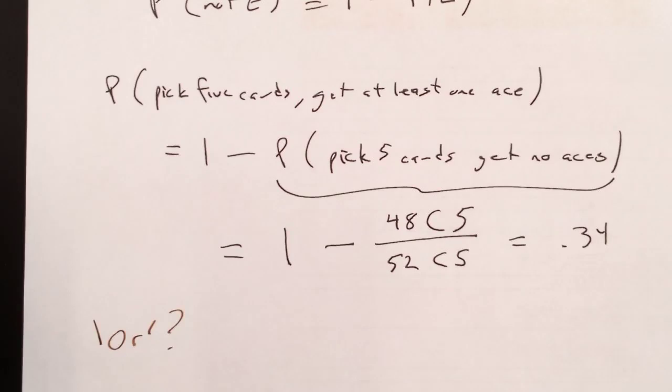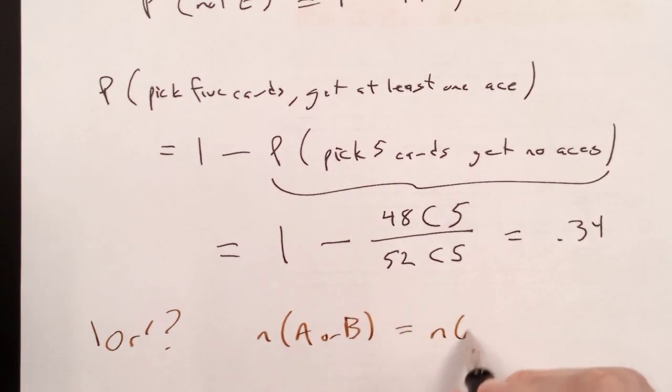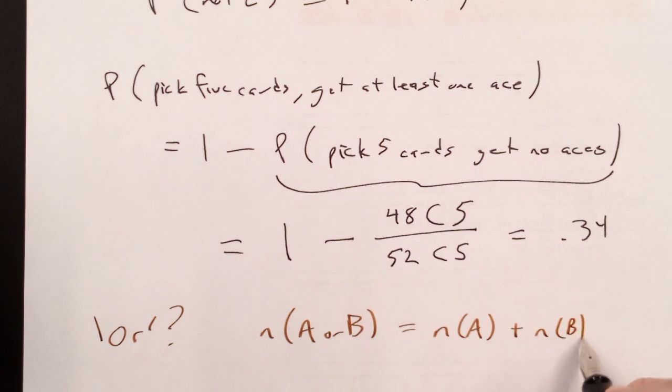Might even be from Friday the week before. Get rid of the doubles. When I counted A or B, I counted A, I counted B, and I subtracted the overlap.